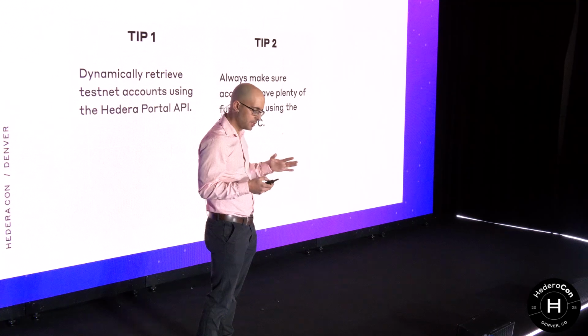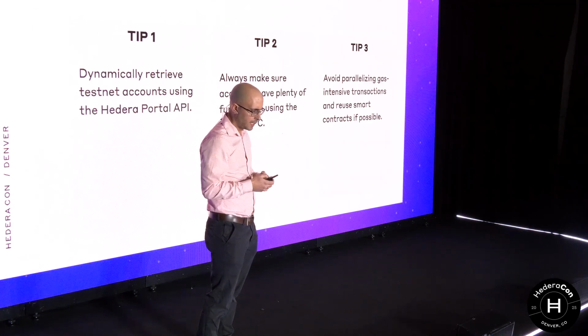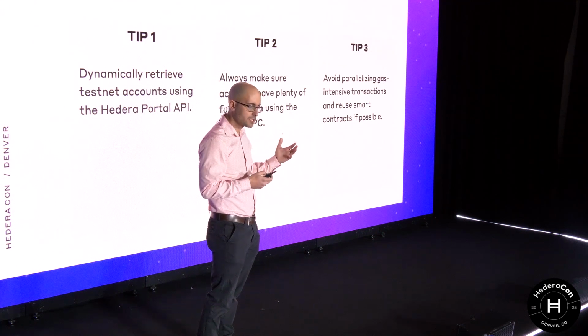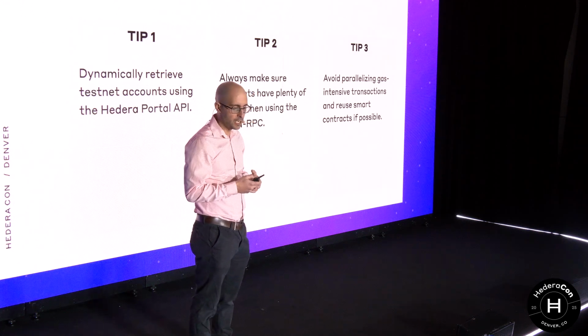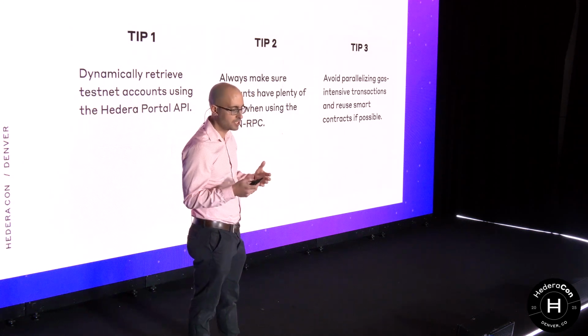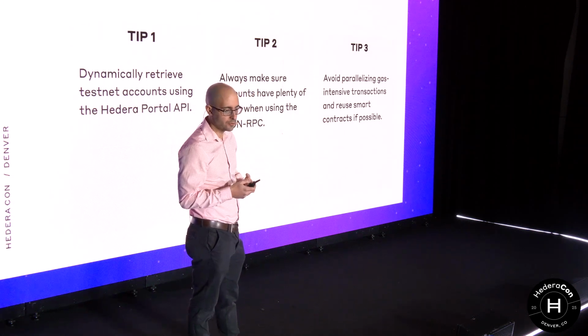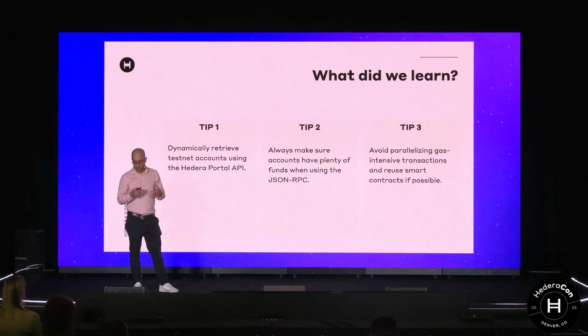If it doesn't, then don't even start running the tests. And the third tip, last one, was to reuse smart contracts, accurately estimate the gas cost of each transaction, and avoid parallelizing high gas transactions to handle the gas throttling errors that Hedera has. And that's it.